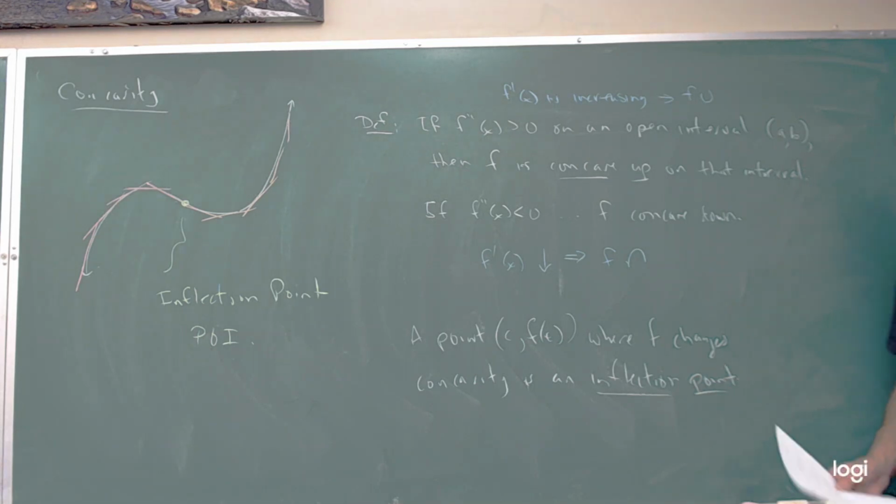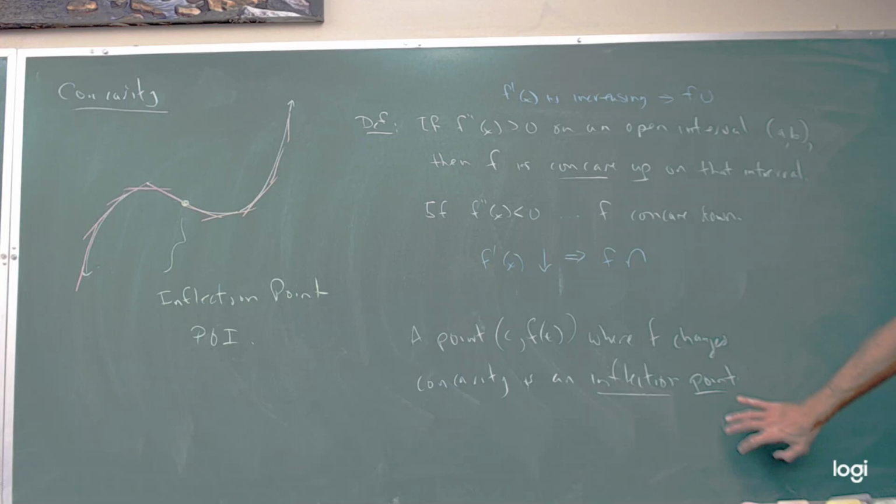Different books define this differently as well. It's got to be a point on the curve. It may change concavity at a vertical asymptote, but the vertical asymptote is not an inflection point. It's got to be an actual point on the curve. Is that okay?